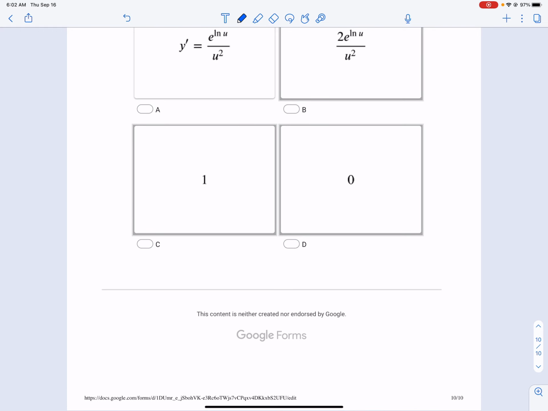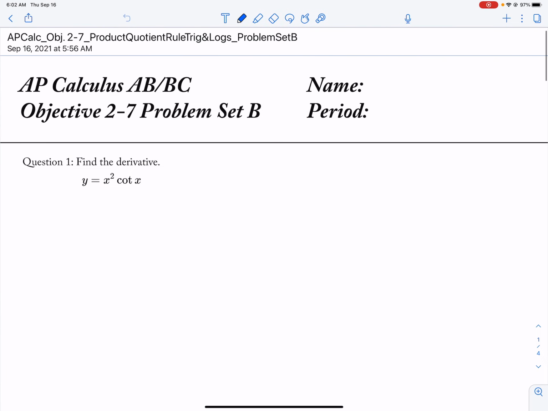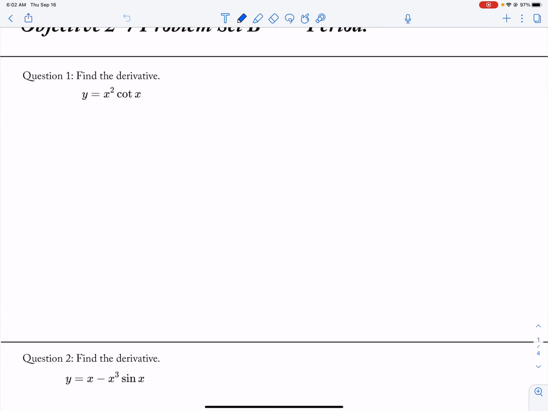Okay, so then we go to the next problem set. Find the derivative here. So y prime is equal to cotangent of x, 2x plus x squared negative cosecant squared of x.